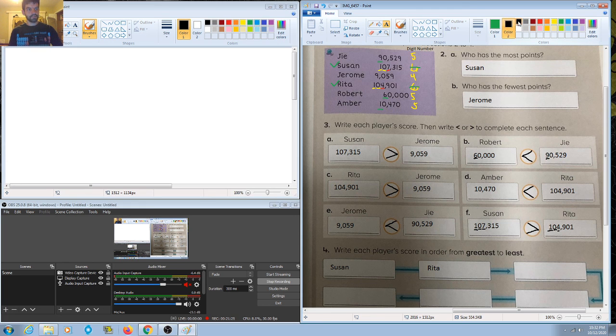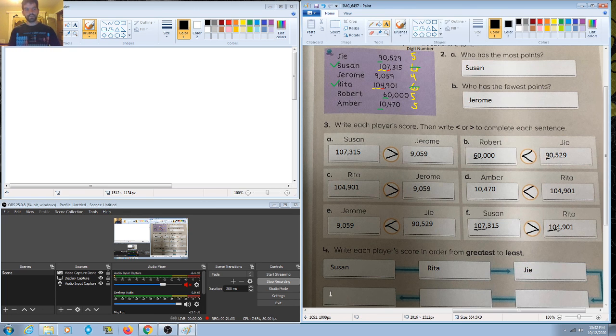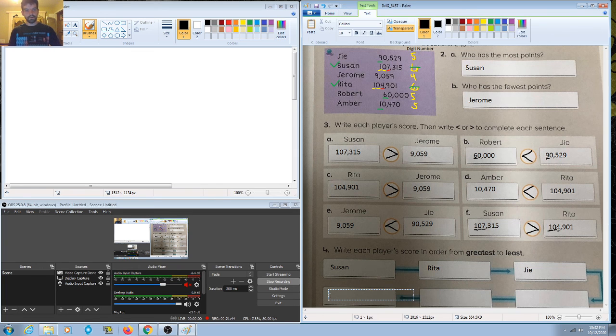So the next score is G's score. Then the next one is going to be Robert's score, because if we look at the 10,000s place between Robert and Amber, who are left, Robert's score will be greater than Amber's score.